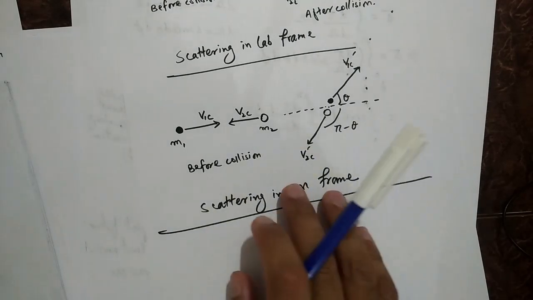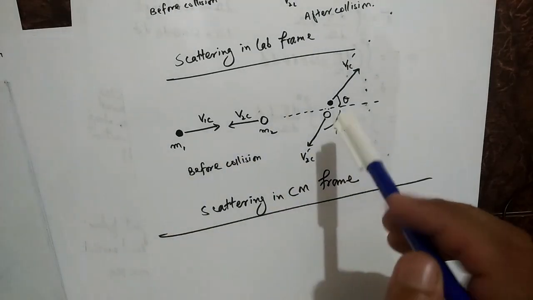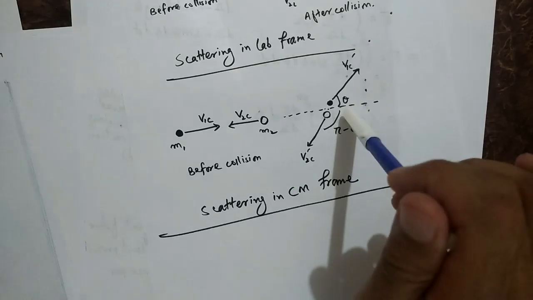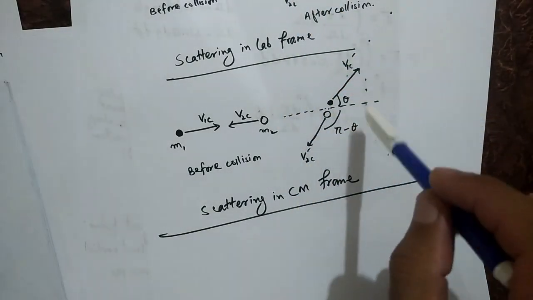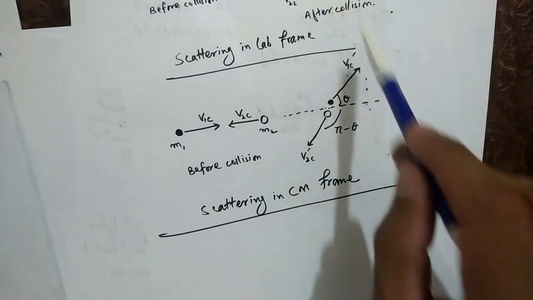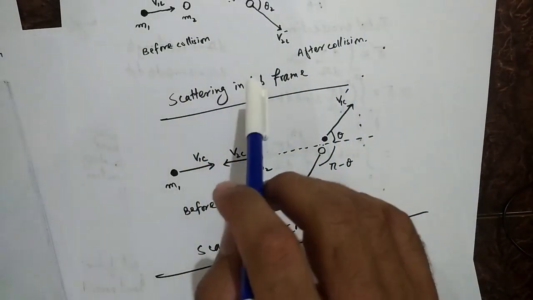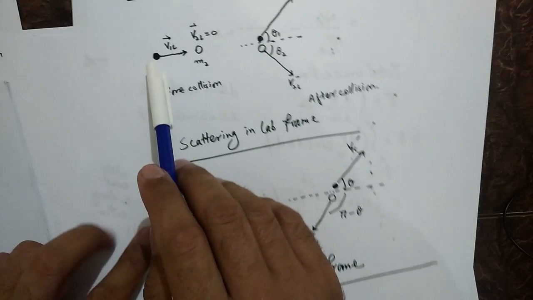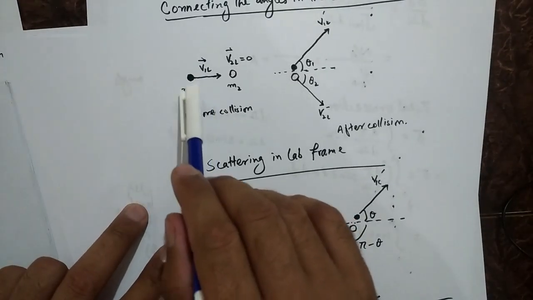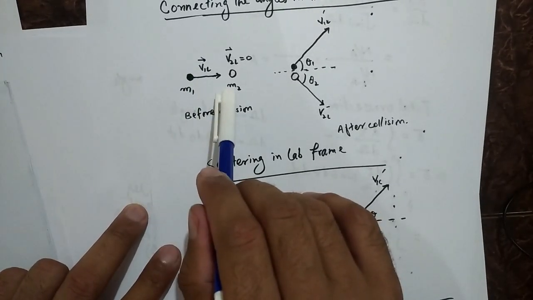So in this topic, we are going to find the relation between theta and theta 1, and similarly theta 2. Let me discuss the scattering in the lab reference frame. Here the two particles, one is the projectile, the other one is the target.